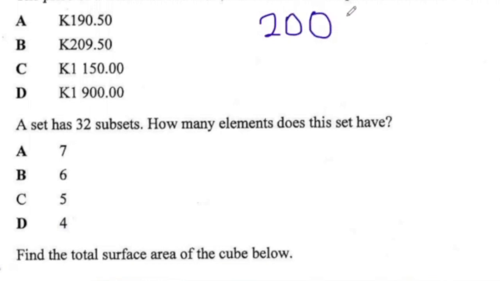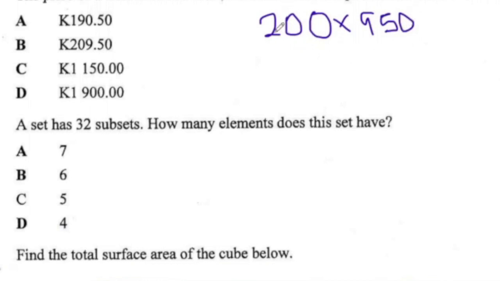200 multiplied by 950. We're going to ignore the decimal point and take this as a whole number, so 950. So when we multiply, we ignore these zeros.